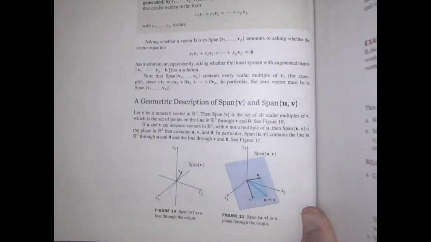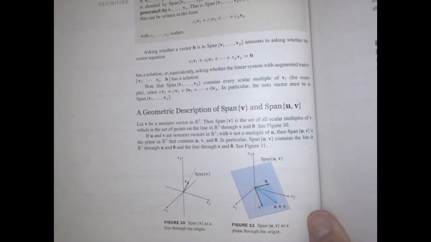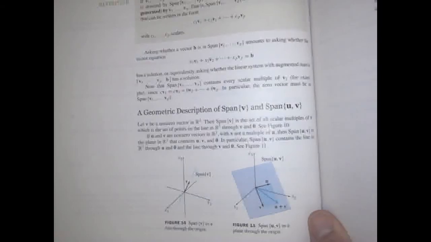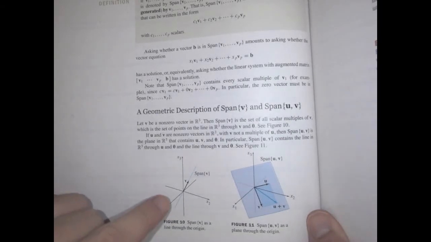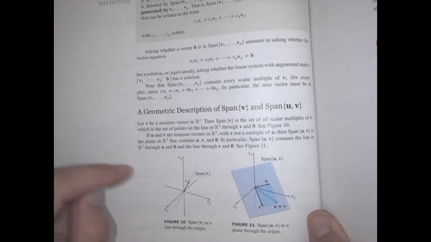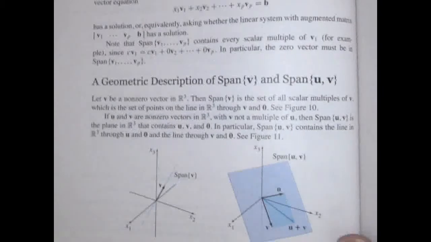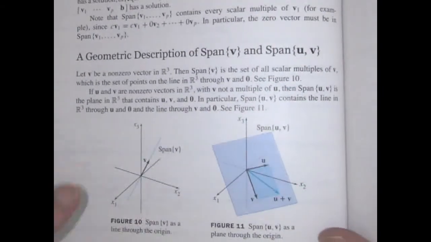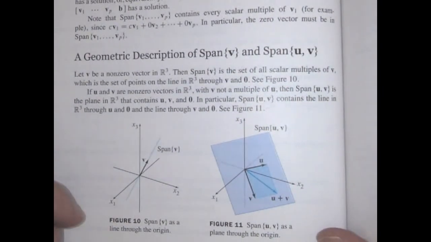And to show you another example here, so this is from the paper version of your textbook. There will be similar figures in the section 1.3 of your online version. But if you look in here, so this is a span of a single vector. We have our 3 coordinate axes.